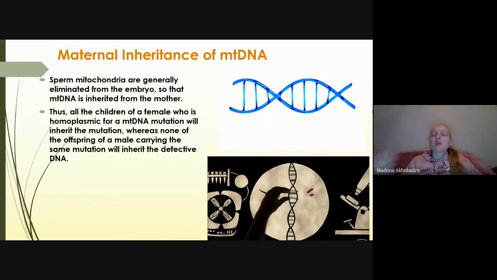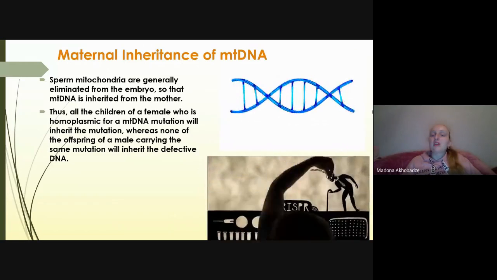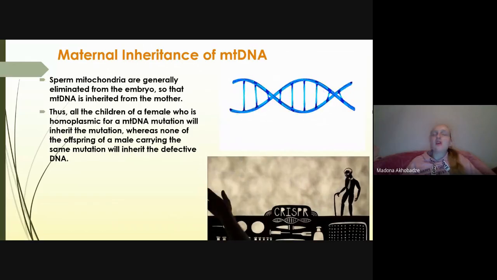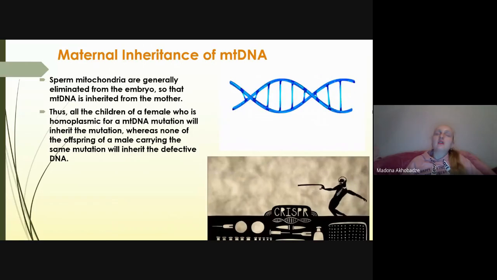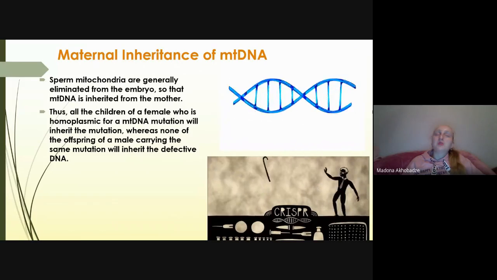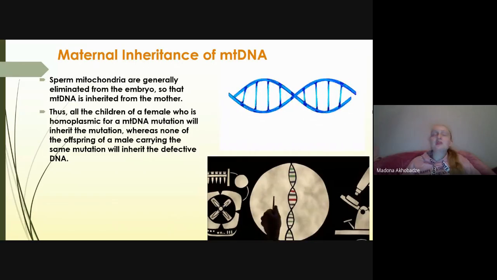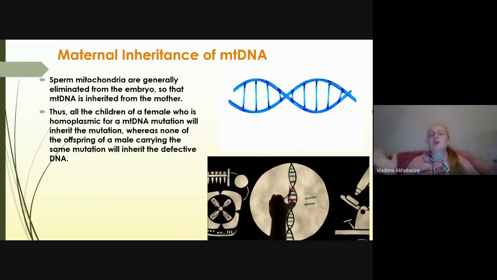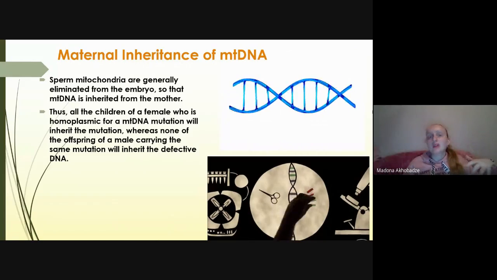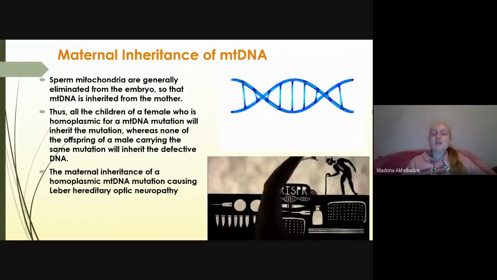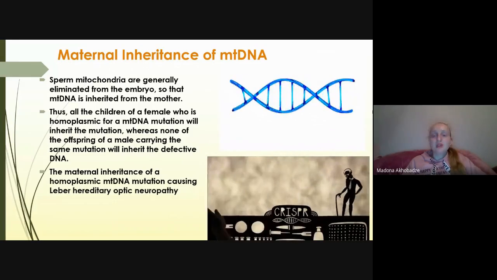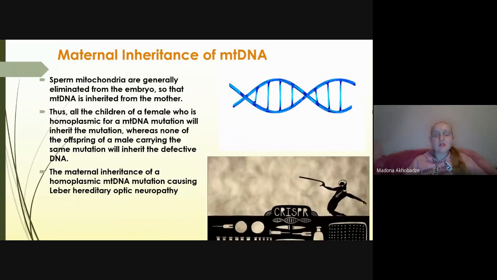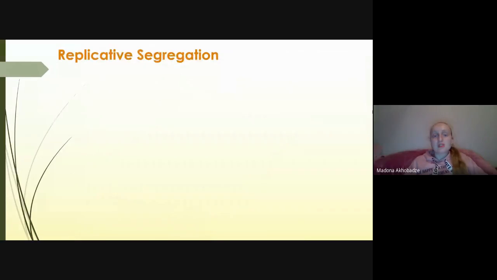Homoplastic means they are all similar, all healthy mitochondria or all diseased ones. And heteroplastic means some amount is healthy and the other part is unhealthy. It depends how much of them is healthy for the mitochondrial disease to be expressed.